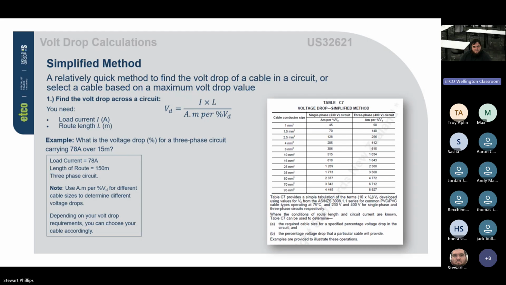Okay, it's supposed to be 150 meters. Wow, it really doesn't give you enough information.